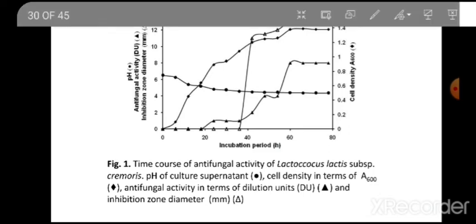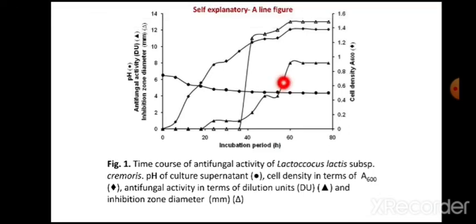But here you can see that there are multiple axes and more than one parameter is plotted on the axes. Suppose you consider this the y1 axis. Here you can see three parameters: pH, antifungal activity, and inhibition zone diameter. These three parameters are plotted using y1, and one parameter, that is cell density, is on the y2 axis.